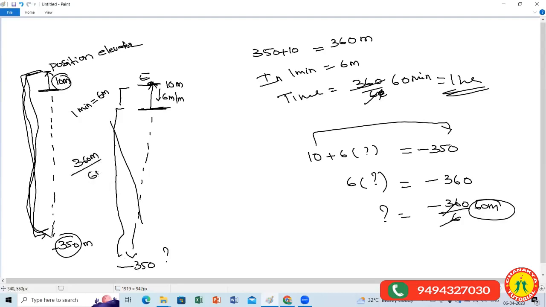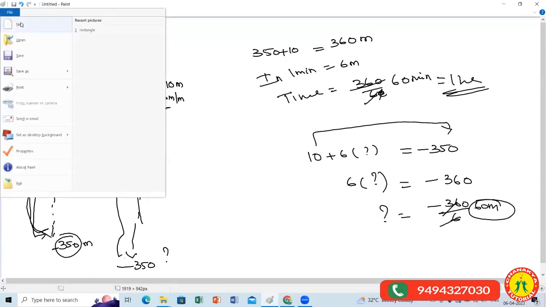Divided by 6 meters, you get 60 minutes, which is equal to 1 hour. Understood, Nana? Elevator is nothing but a lift. Lift means it's like a lift.